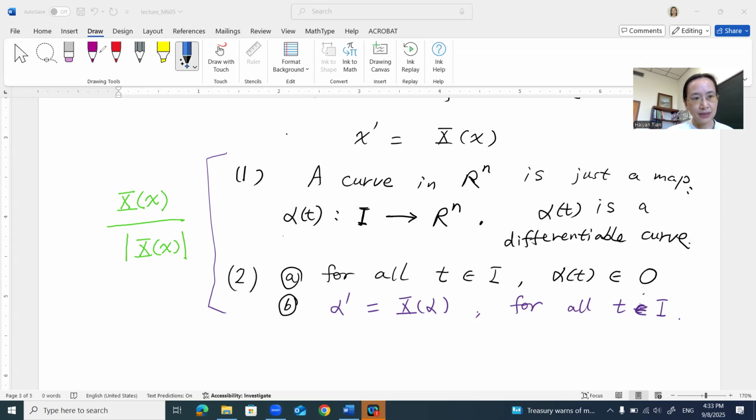For example, if you draw at different locations of x, suppose we have 6 different locations of those x, the capital X at each location will be a vector.